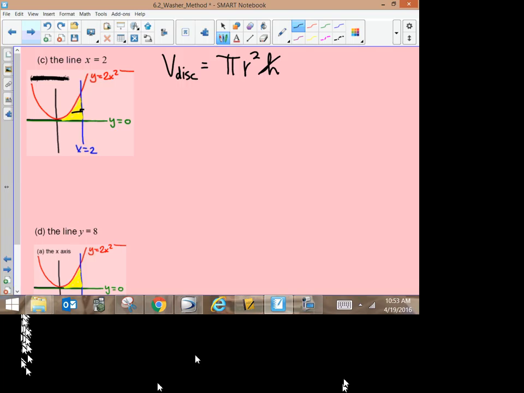H this time is change in y again. Okay. Because if we can't continue on, we hit the y-axis. All right, we need an r.